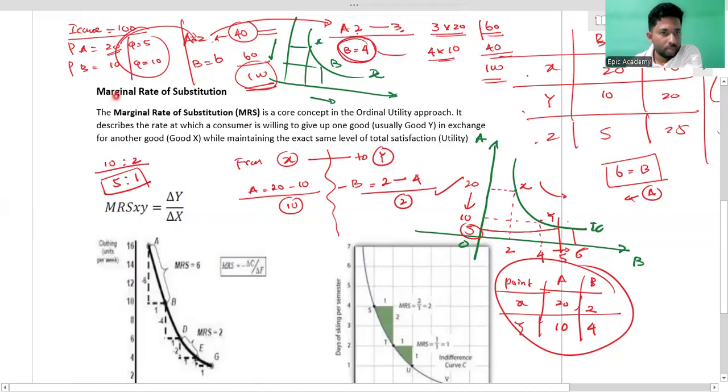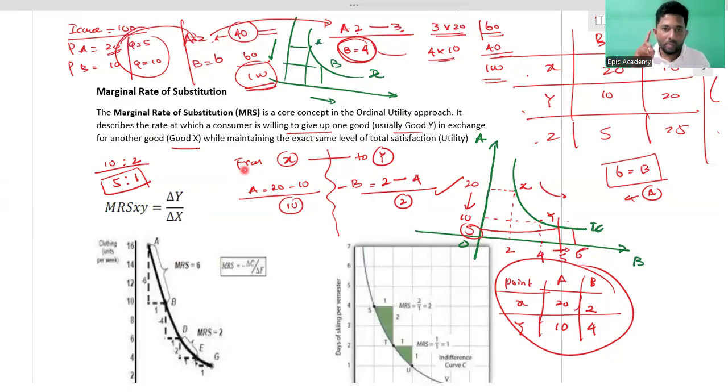So the marginal rate of substitution, MRS, is a core concept in the ordinal utility approach. It describes the rate at which a consumer is willing to give up, I mean sacrifice, one good, usually good Y, in exchange for another good, X. I mean, sacrificing some commodity to increase the consumption of another while maintaining the exact same level of satisfaction and the same level of income.